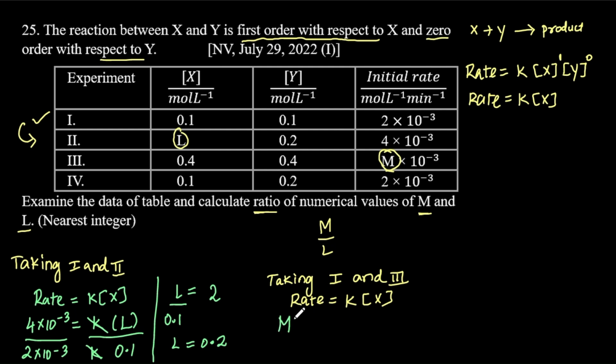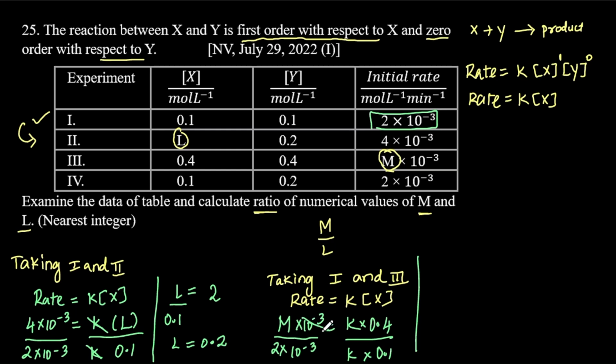So the left hand side is M into 10 power minus 3 is equal to K into concentration, given as 0.4, divided by, in the first row, the rate 2 into 10 power minus 3, which is equal to K into the concentration 0.1. So you can find the value of M. So 10 power minus 3 will get cancelled. M by 2 is equal to, K will get cancelled, 0.4 by 0.1 is 4. So M equal to 4 into 2, which is equal to 8. So 2 will go to the right hand side, 4 into 2 is 8. So the value of M is 8.